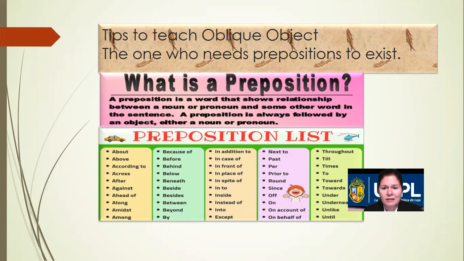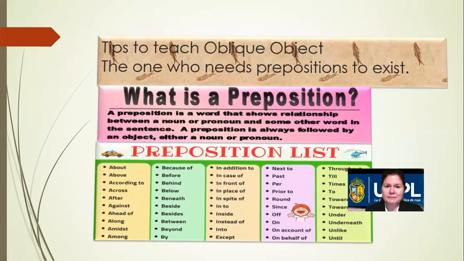Now, here we've got some examples with a preposition list. Okay: about, above, because of, before, in addition to, next to, past, throughout, till, toward, towards, under, unlike, until. There are lots of prepositions, and here you've got some examples.